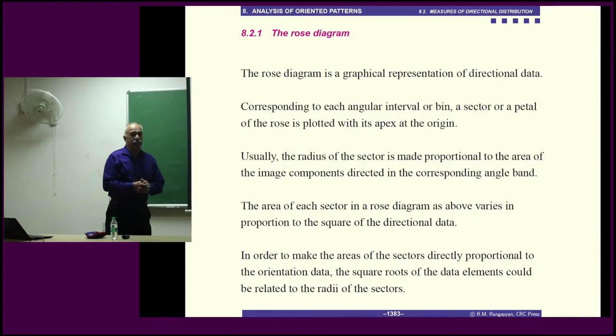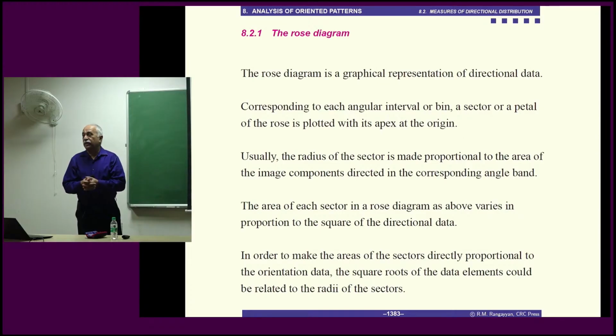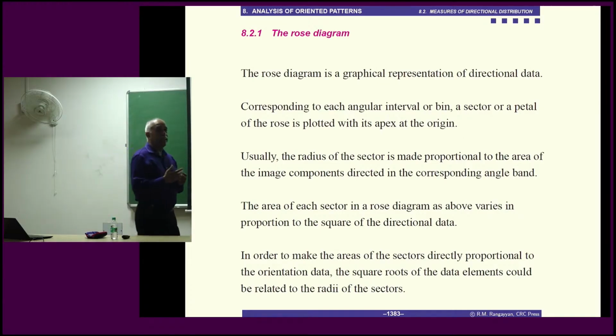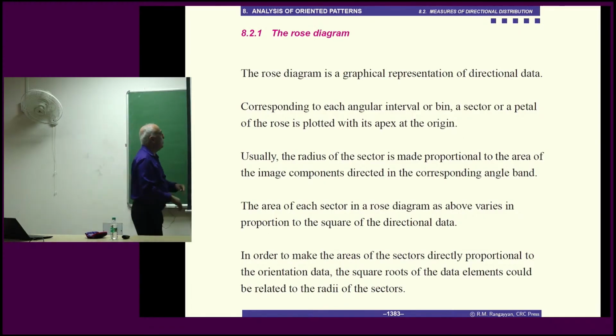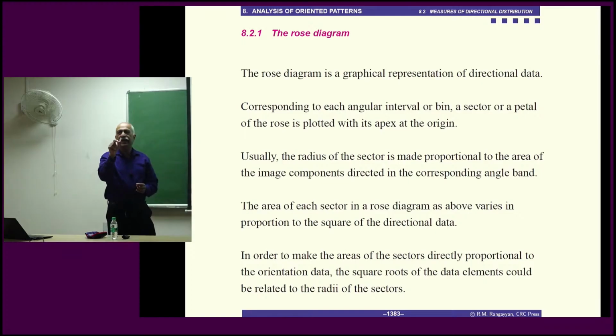The Rose diagram is a graphical representation of angular distribution of directional data. Corresponding to each angular interval or bin, there is a sector or a petal of the rose. It's not a rose, but it's called a rose diagram, and it is plotted with either the length of that petal or the area of the petal being proportional to the data in that angular band.